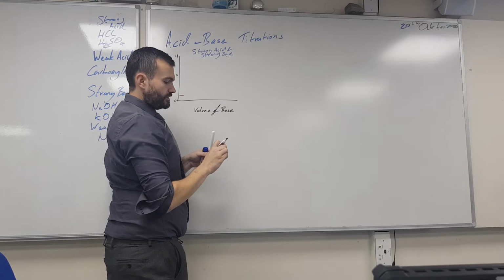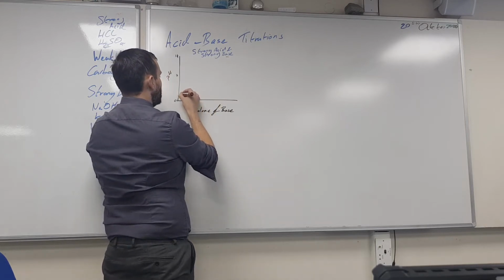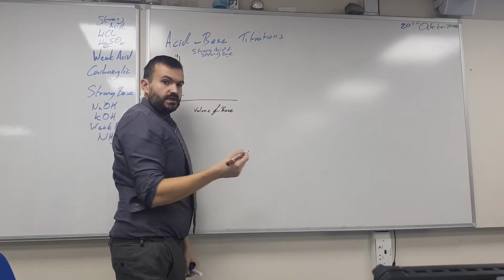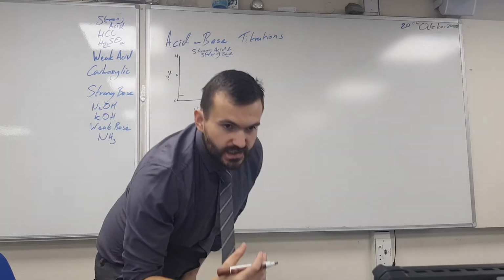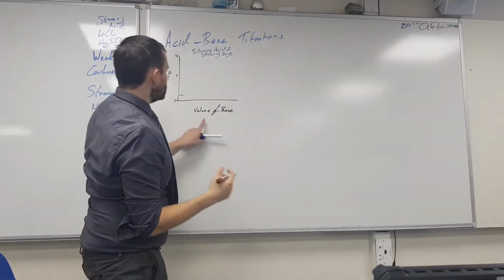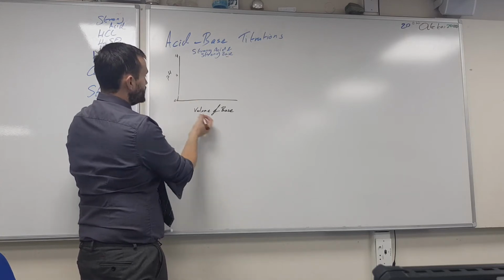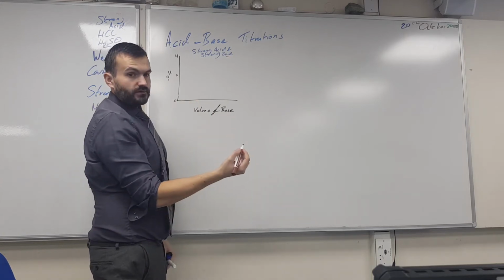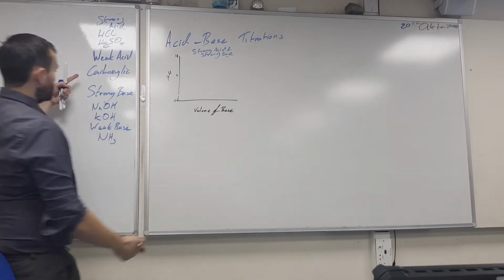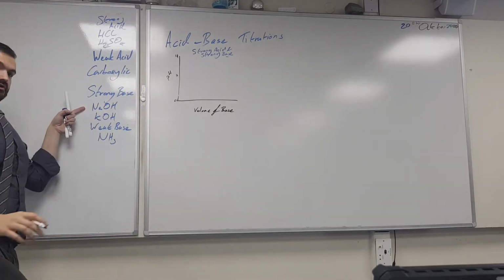And what we're going to do is our shape of our graph, as we start adding the base, the pH isn't going to change much at all. This is volume of base. So at the start, when we've added 0 volume of the base, we're going to pick a strong base, so sodium hydroxide.